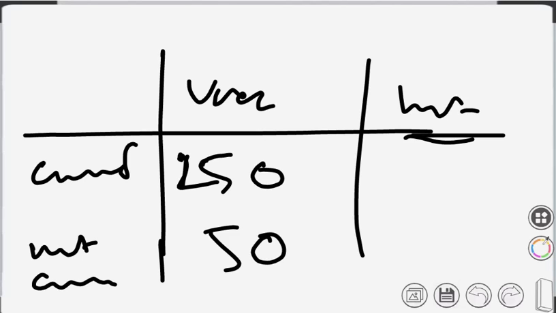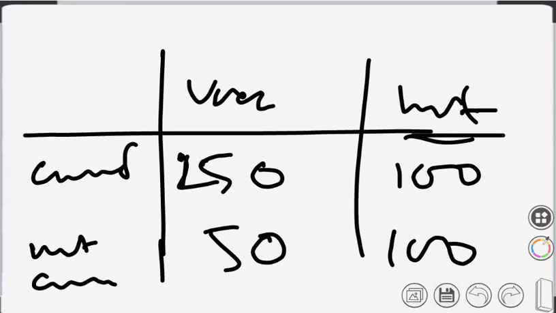Not vaccinated, cured was 100, and not vaccinated, not cured was also 100. So that was the table. So how the table is given, accordingly you can write.